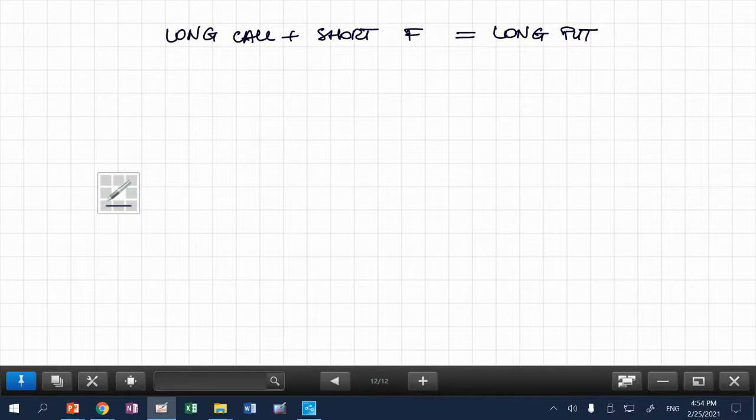This is the case that we first considered in our final minutes of Tuesday's class. But of course, if I invert the strategy, a short call plus a long future can be considered equivalent to a short put.